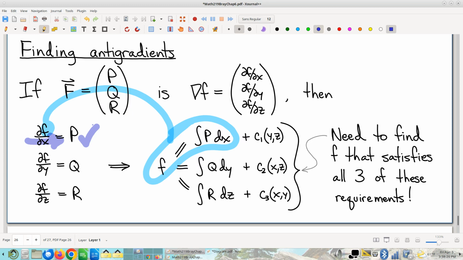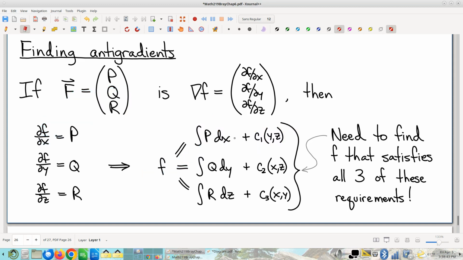But here's the thing. Functions of only y and z also disappear when you take the x partial, and therefore still work. So it's a little sloppy, a little too quick, to say that f is whatever antipartial you might arbitrarily write down for algorithmic convenience.